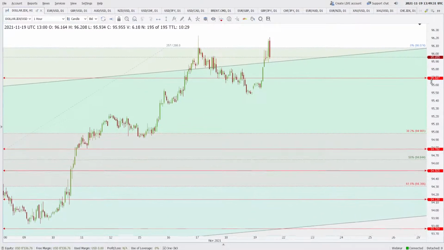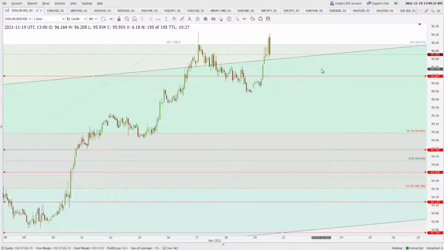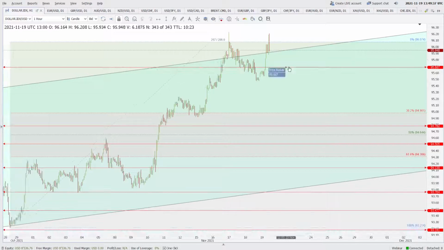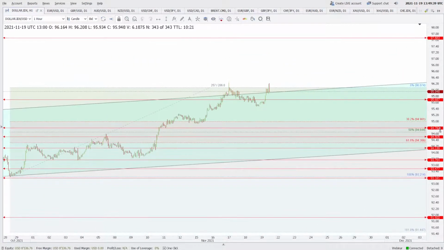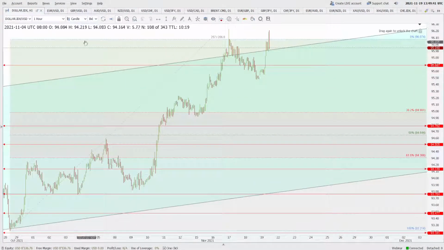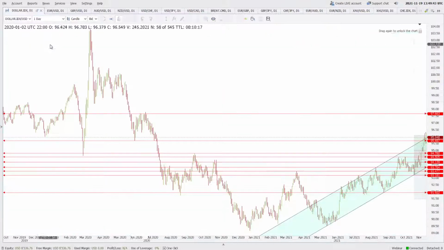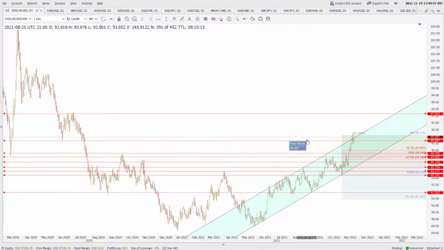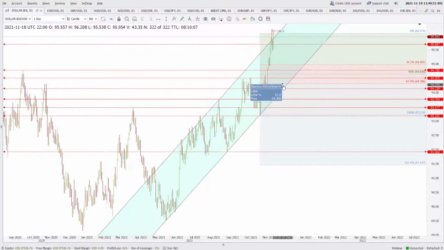But since this is Friday, the price may or may not be able to break higher from here, but yes, it has potential to go to 97.66 area. So right now, if you ask me where is the support and the resistance, this 95.68 is still the support, and 97.66 is still resistance in this market.